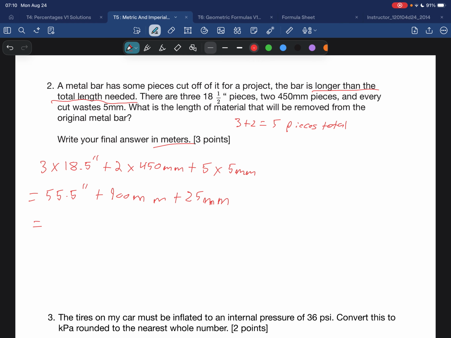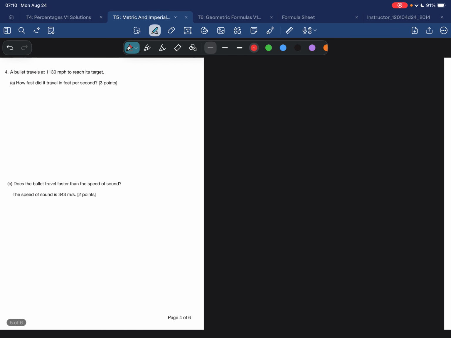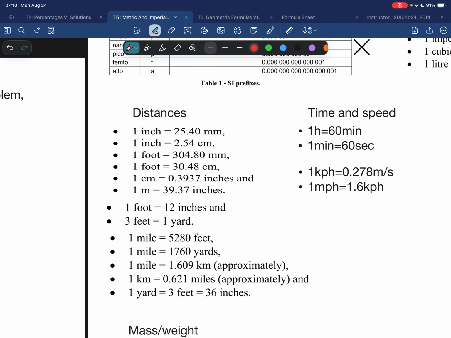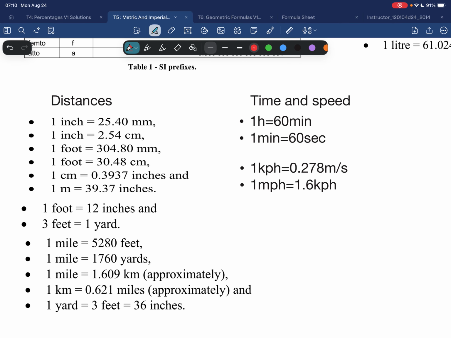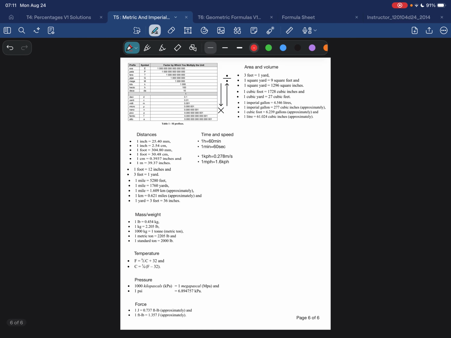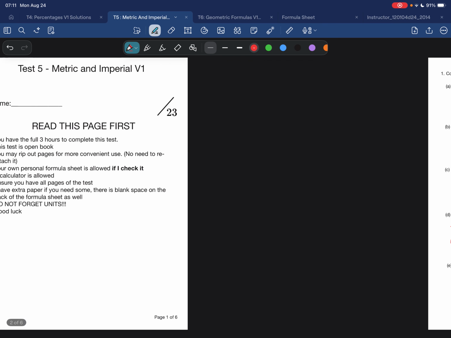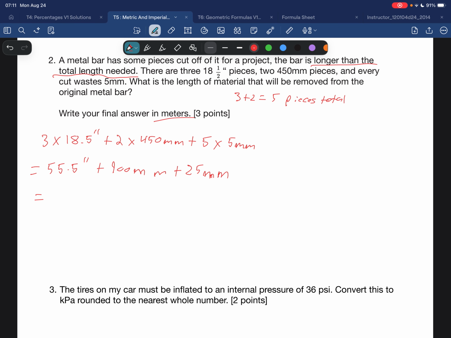So we will be doing this. So 55.5 inches to millimeters. Let's see if we have this. Perfect. Our first one under distance is 1 inch equals 25.4 millimeters. So 1 inch equals 25.4 millimeters. Great. That's what we're going to be using.